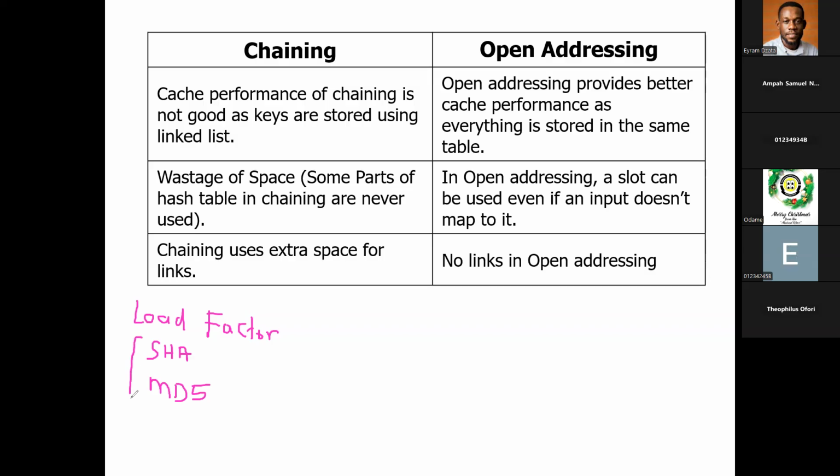Now, these two types of hashing, SHA and MD5, which is message digest algorithm 5, are used lately, especially when it comes to cryptography.